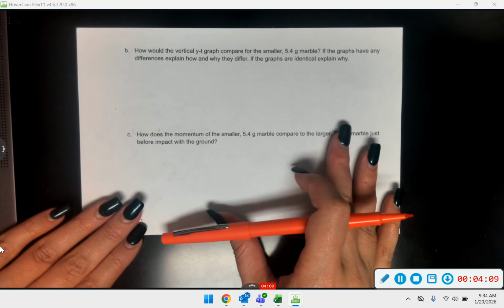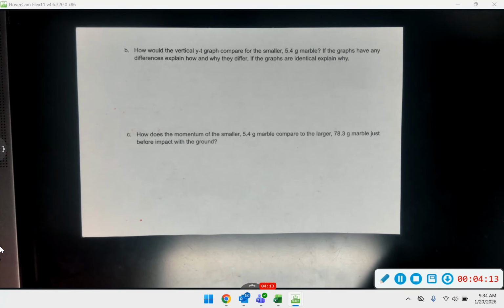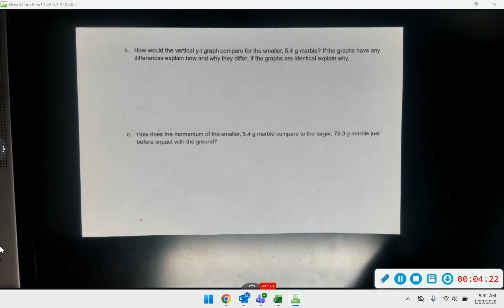All right, let's go ahead and look at the rest of the questions. It says, explain how the vertical y-t graph compares for the smaller marble. So basically, does the vertical motion depend on the mass? And the answer is still no. Again, all objects, regardless of mass, when we're dealing with things that are projectiles or in free fall, they have the exact same vertical motion.